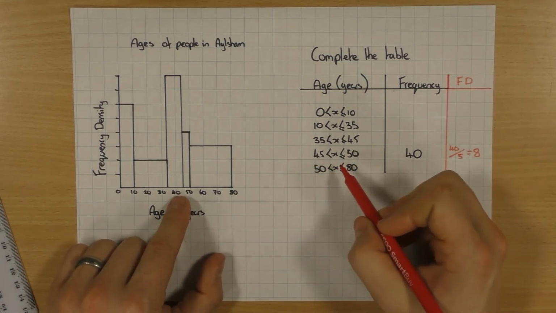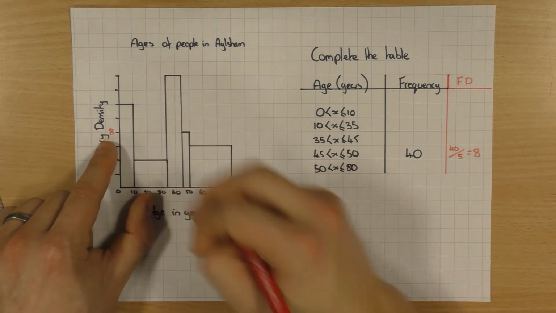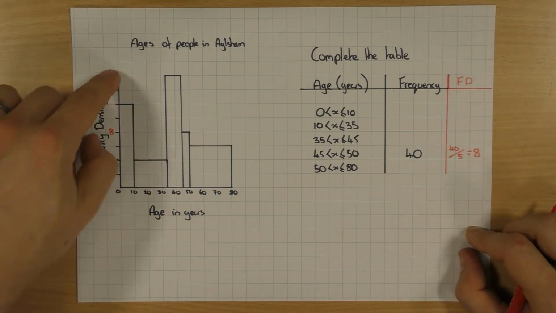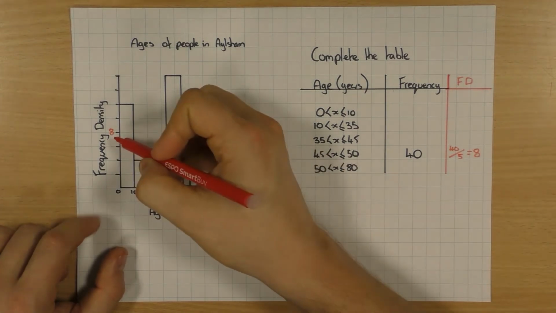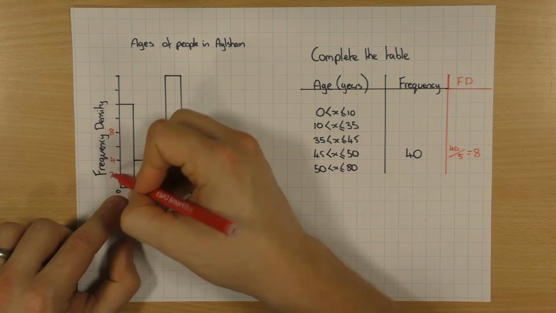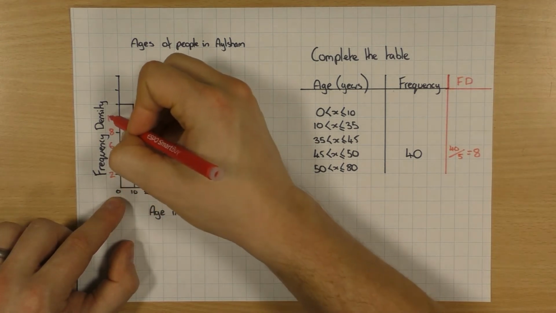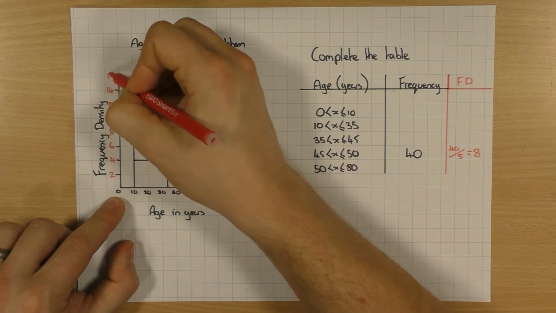So between 45 and 50, which is this column here, I can now go across and say that is 8. Once you have a value on your y-axis, you can then fill in the rest of it. So obviously halfway would be 4, and in between 0 and 4 would be 2, and in between 4 and 8 would be 6. So we're going up in 2s, so 10, 12, 14 and 16.